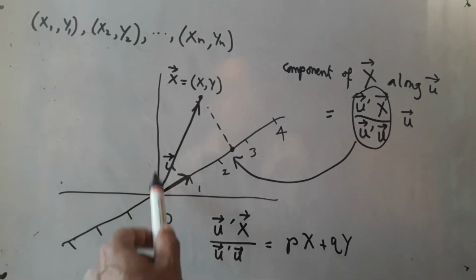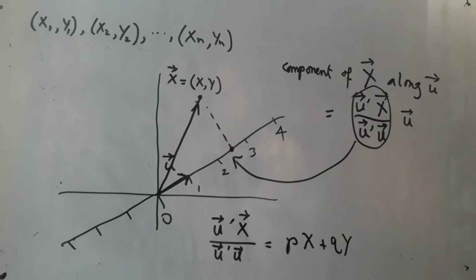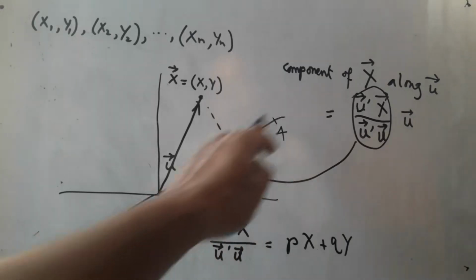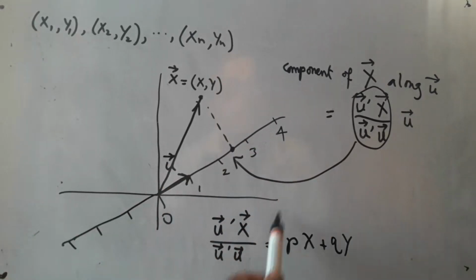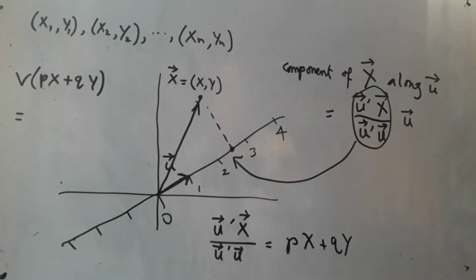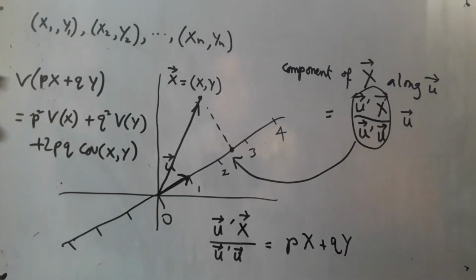P and q will be determined by what you take. We are interested in finding how much scattered these values are along the ruler. Now that it is a one-dimensional number, just a real number, I can compute its variance to get the variance of px plus qy, that is just the a plus b whole square formula: p square variance of x plus q square variance of y plus 2pq covariance of x and y.